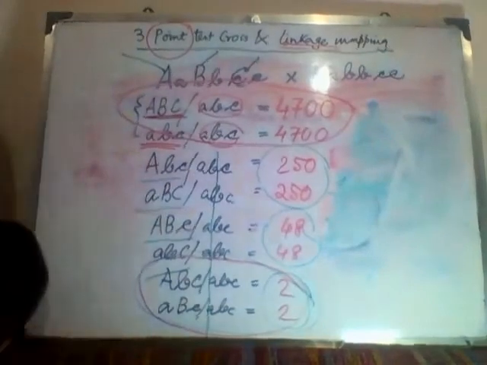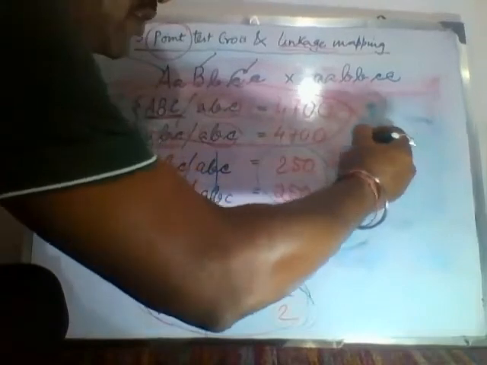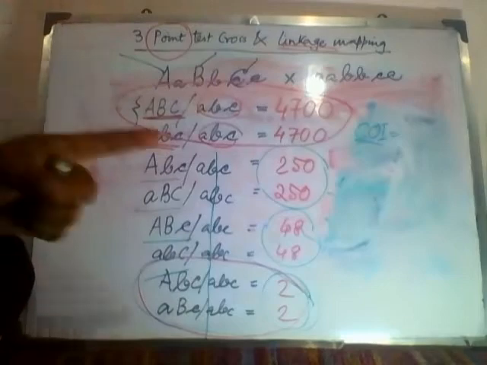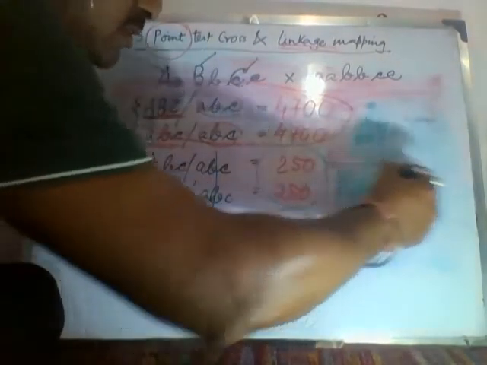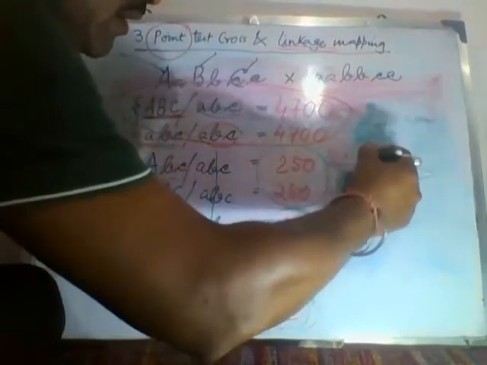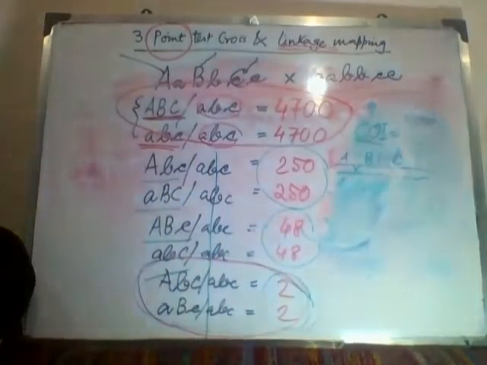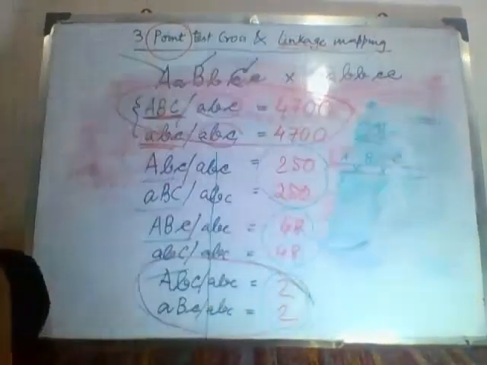Now, along with this, often you are asked to calculate COI. This is a coefficient called the coefficient of interference. As I have mentioned, if these three genes are located on the same chromosome, then one crossing over always prevents a second crossing over at nearby loci.